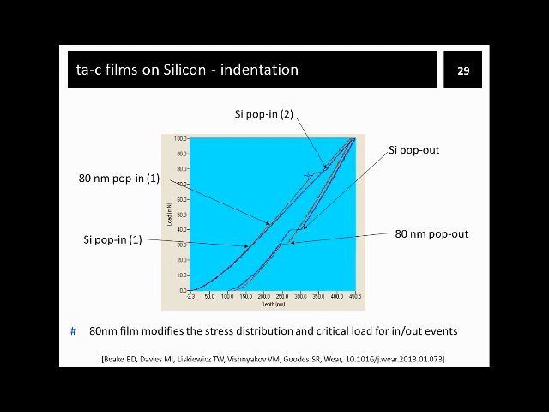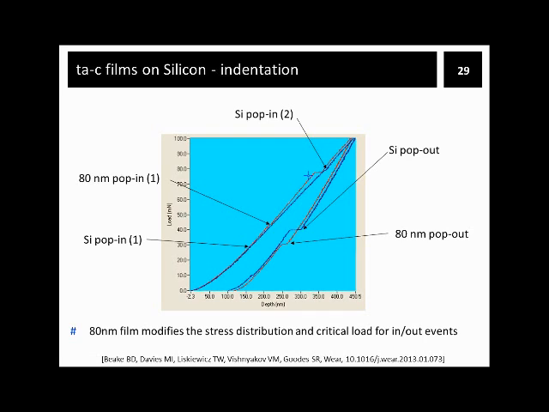As the load increases, small but clear differences are observed, with some pop-ins on silicon at around 37 millinewtons, at around 43 millinewtons on the carbon film, an additional popping at higher load, more obviously on the TEC film at around 76 millinewtons.